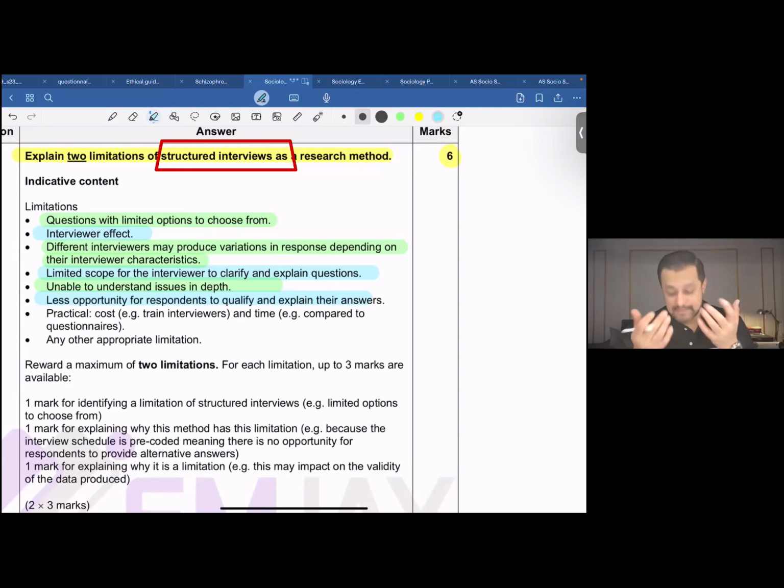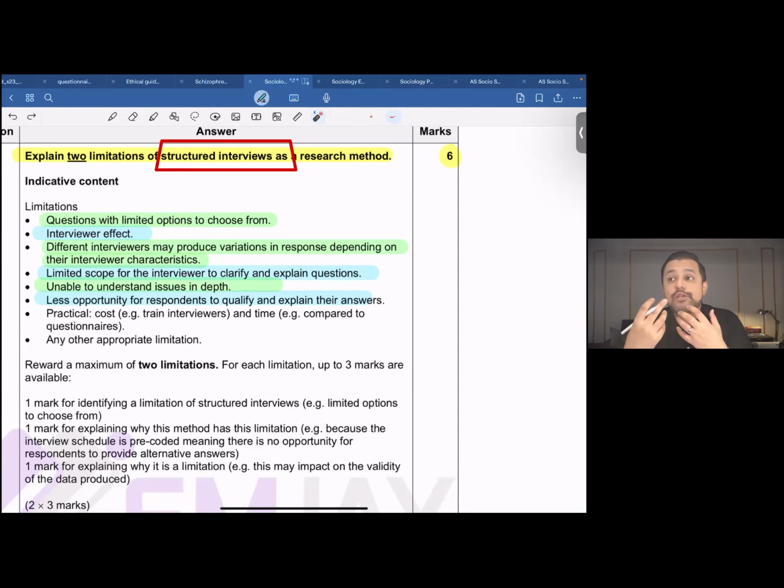Now, these points pretty much overlap too. Because of lack of flexibility, the respondent might not feel at ease and might not want to add something that the respondent felt should have been a part of this interview.